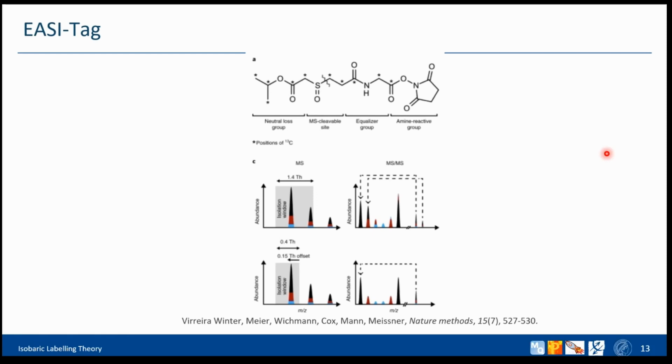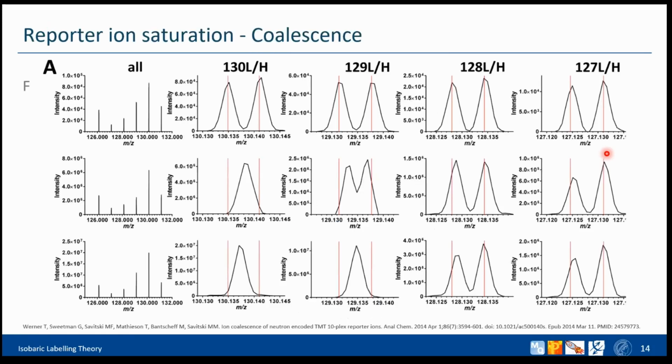Good. So we now solved that problem. Let's see what else you have to consider. There is the reporter ion saturation phenomenon, also called coalescence. In this case, for example, let's have a look at this channel. This is 130 light and heavy, so very close together, a few millidaltons.